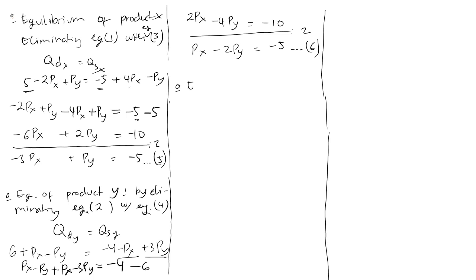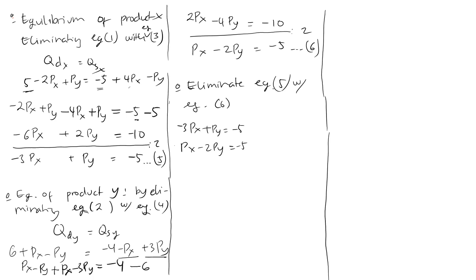Next is eliminate equation 5 with 6. So 5 is minus 3Px plus Py equal with minus 5, and then Px minus 2Py equal to minus 5.